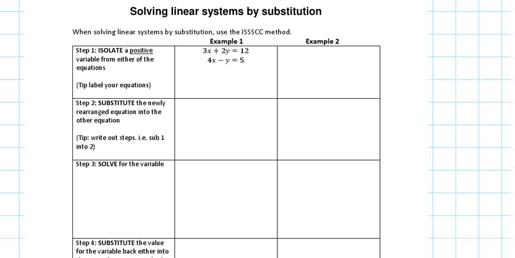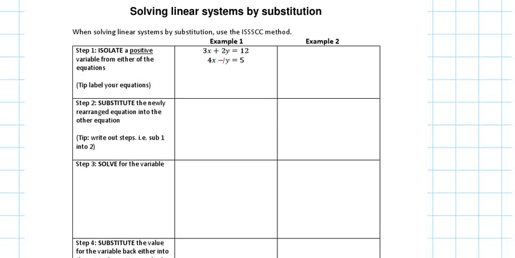In this case, I don't have anything that has a positive 1, but is there any variable that has a 1 in front of it? The y in the second one, right? That y is negative 1, not positive 1.